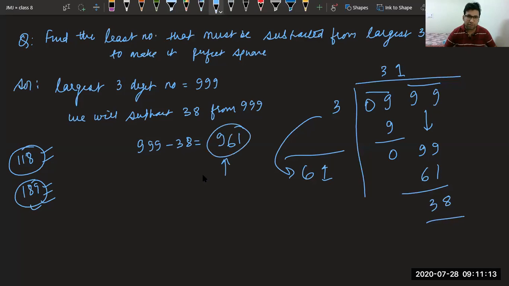So 961 is the largest 3-digit number, which is a perfect square. So you just need to find the remainder and subtract it from the number. That will be your answer.